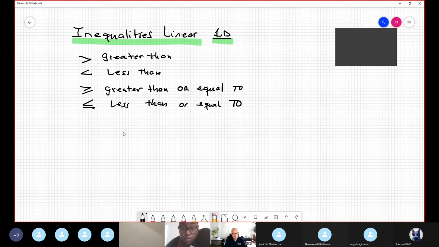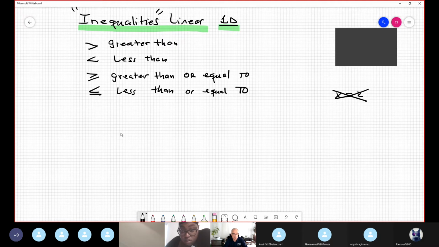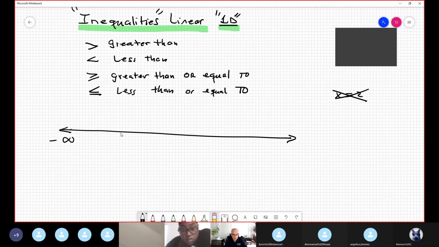Okay, after that, I know that the solution for an inequality is not like an equation, where x equals a single value. It's a bunch of values, an interval, and the interval in 1 dimension is expressed on the real number line, from negative infinity to positive infinity, with 0 in the middle.